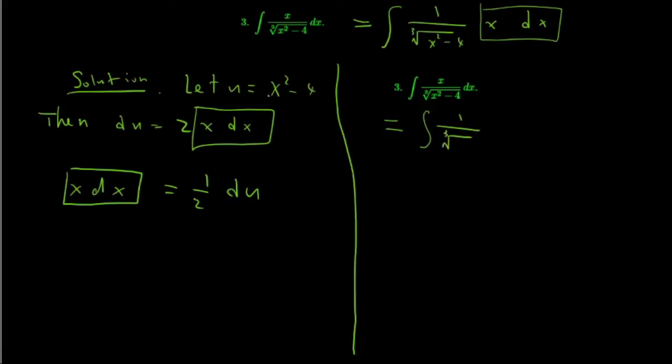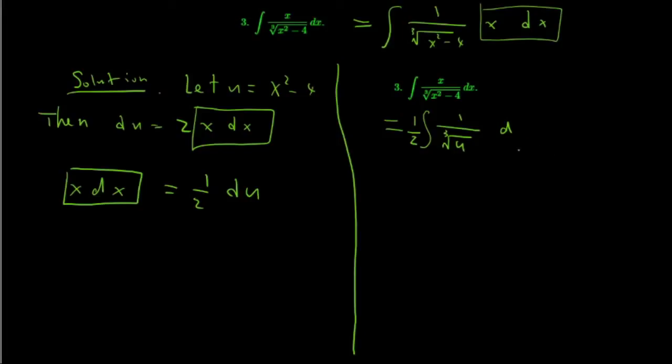Because our u is x squared minus 4, you have cube root of u in the denominator. And the stuff in the box is half of du. I can leave the constant factor 1/2 out of the integration notation. So you have du in here.